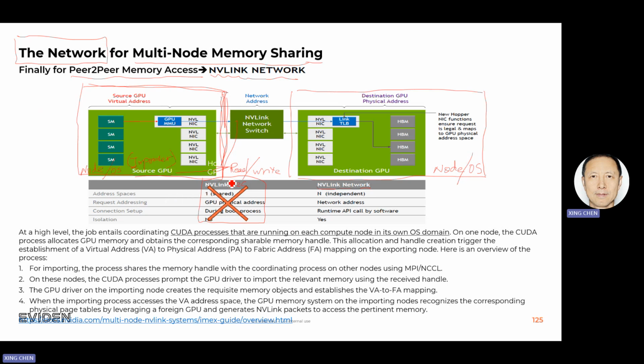That means everything connected by the NVLink C2C has one shared address space. And over this NVLink C2C, if you send a request, the addressing of the request is a physical address.